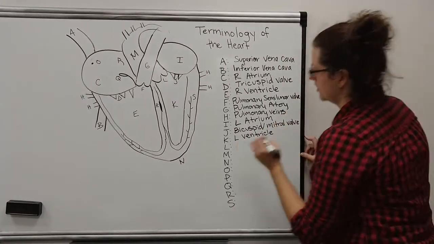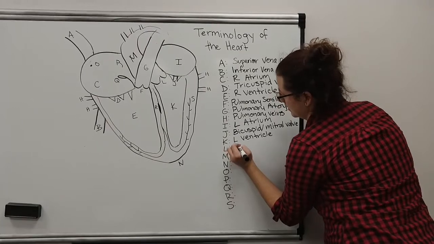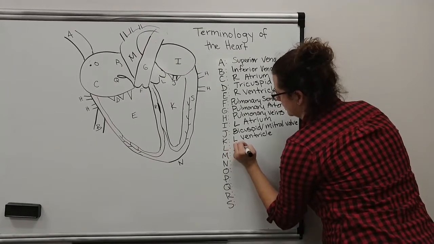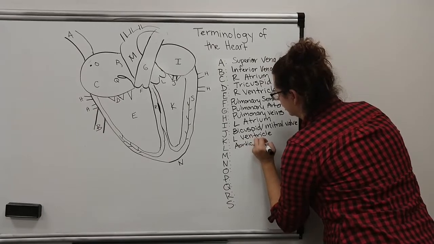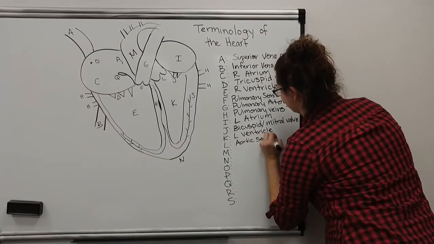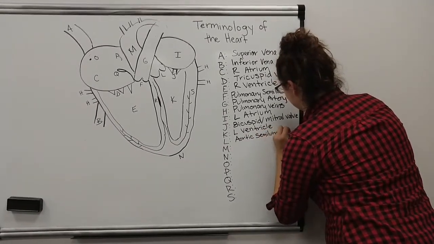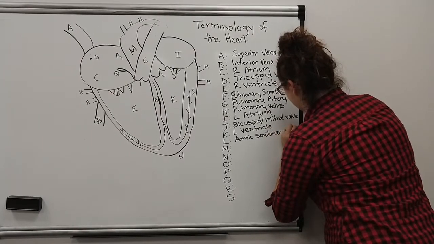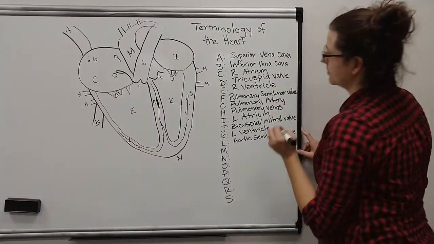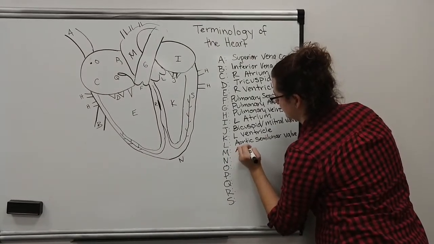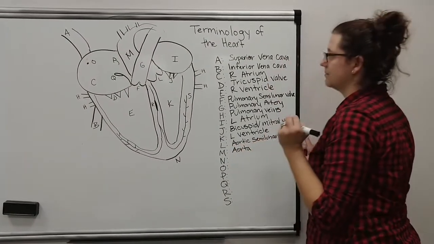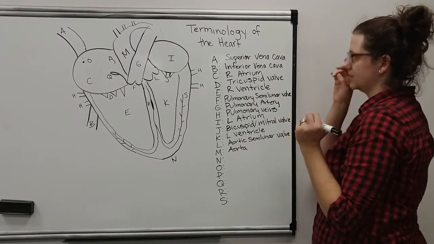From there, it goes through L, the aortic semilunar valve, and into the aorta, which is M, completing the pulmonary circuit and then entering the systemic circuit.